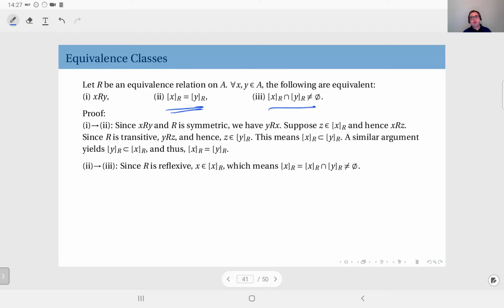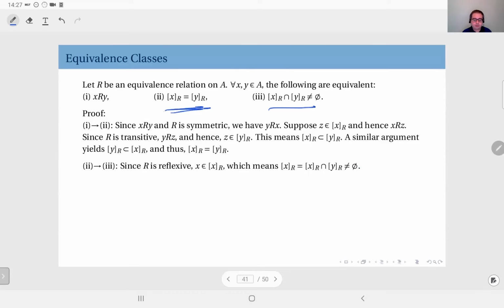This means x is related to itself, which means in the equivalence class of x, there must be at least one element, which is x itself, so the equivalence class of x is not empty.